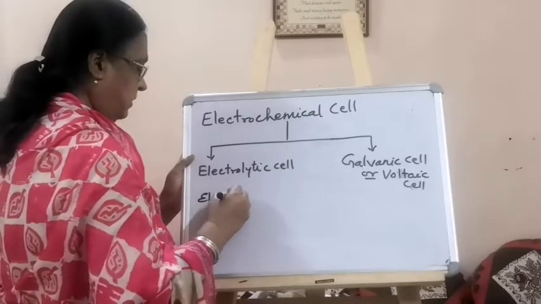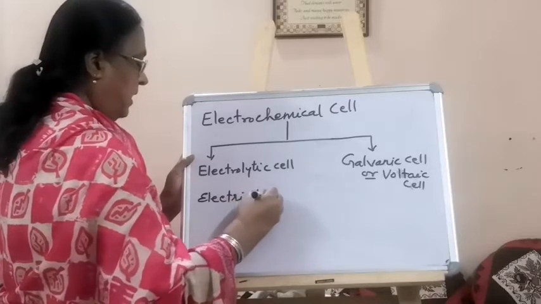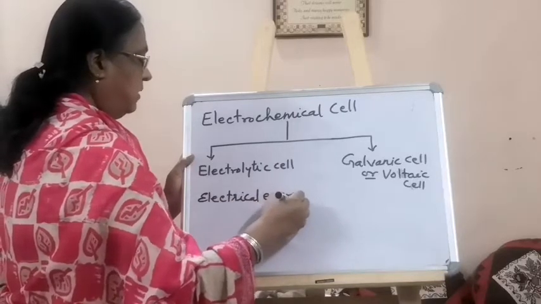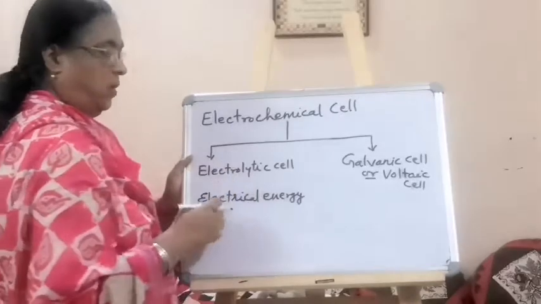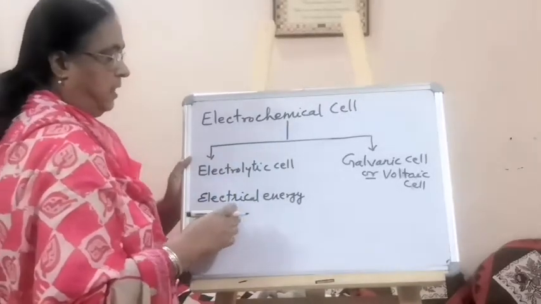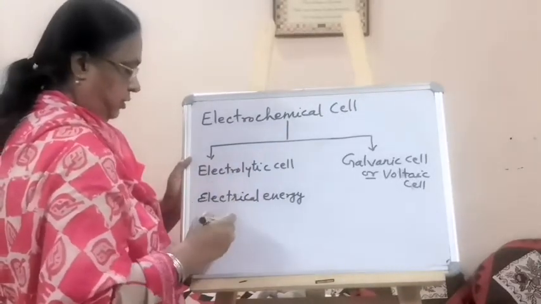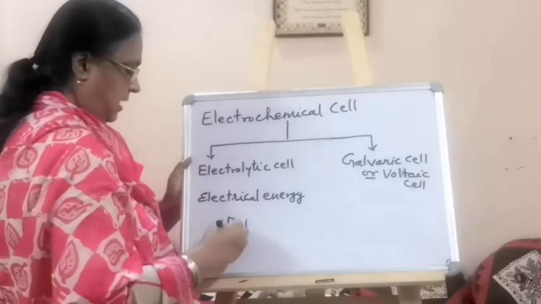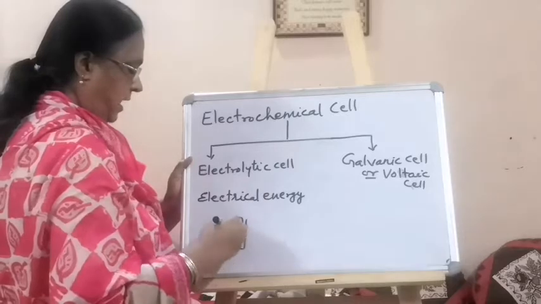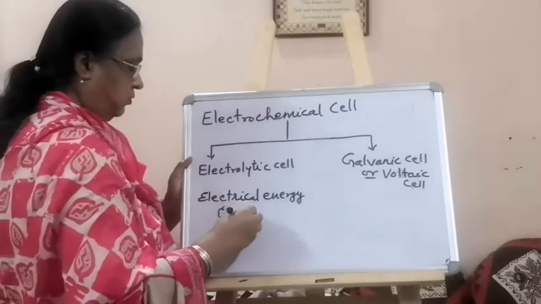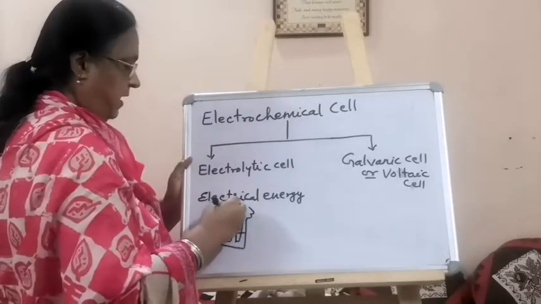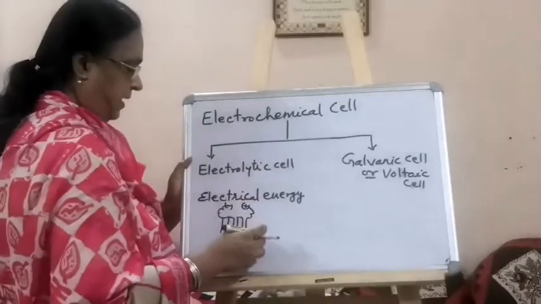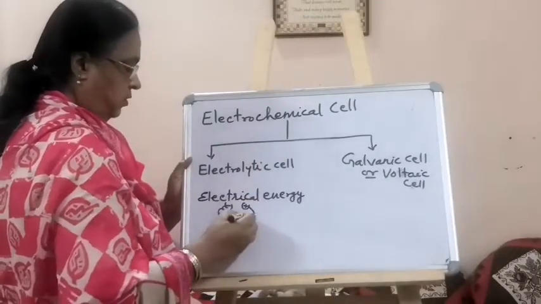So in the electrolytic cell, that is your electrical energy. You know the phenomena of electrolysis, anode and cathode. In a beaker, electrolyte is taken and the electrodes, anode and cathode, are linked to the negative and positive terminal of the battery.